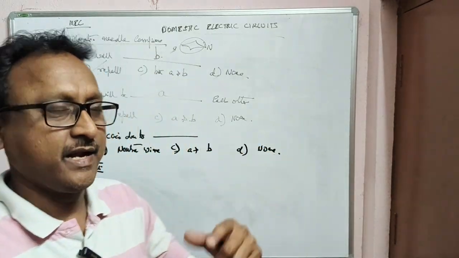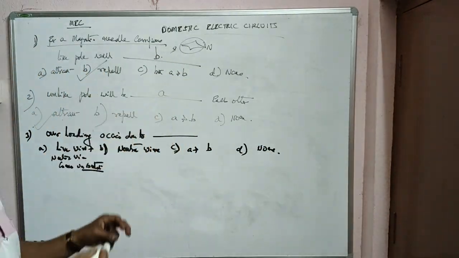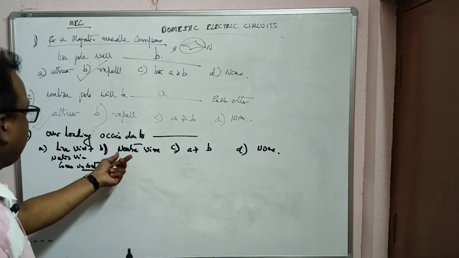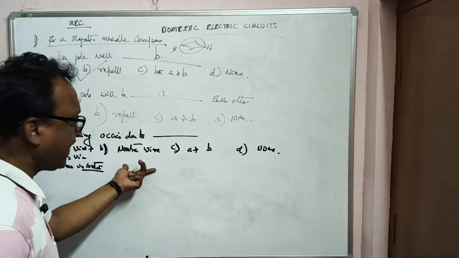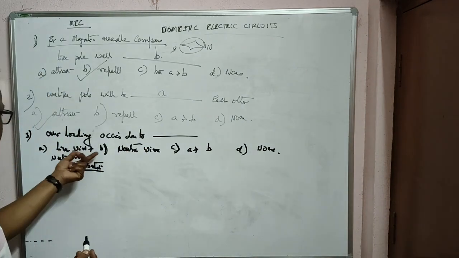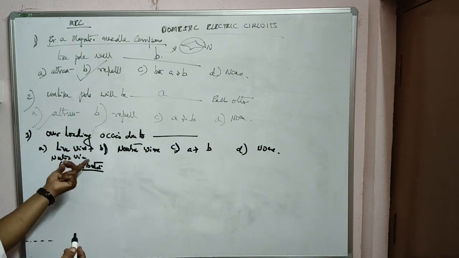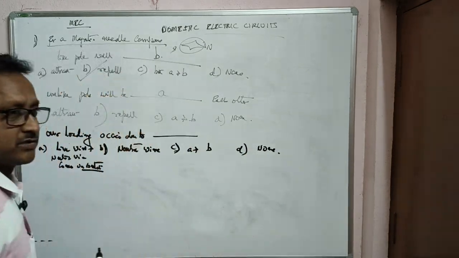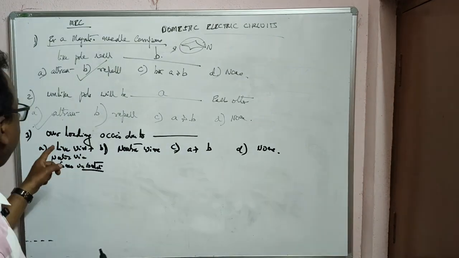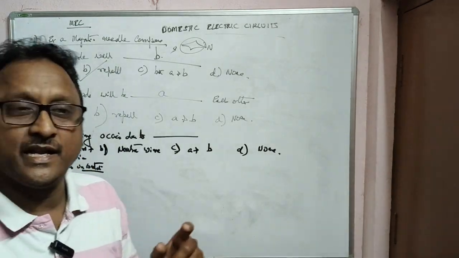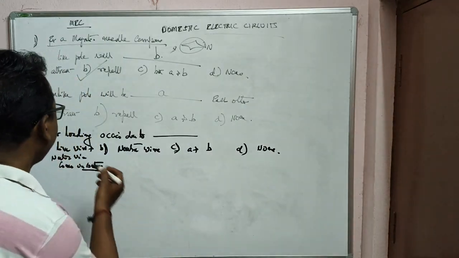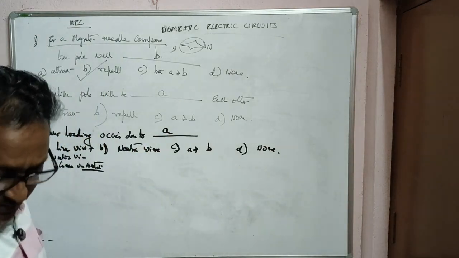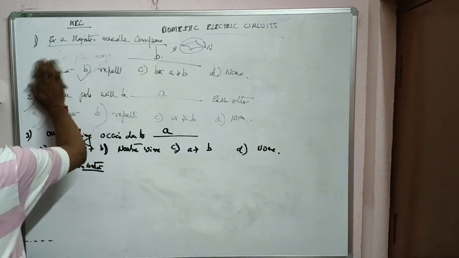In what condition overloading? Overloading means overcurrent occurs. Is this due to live wire directly coming in contact with neutral wire, or A and B, D none? Already I told you the concept just now. When a live wire directly comes in contact with the neutral wire, overloading. So A is the answer. Clear?